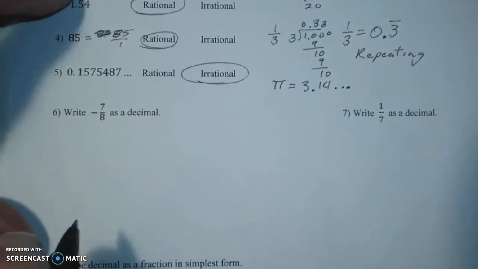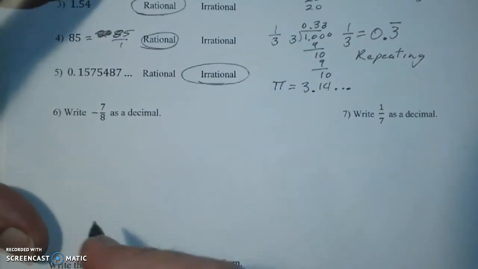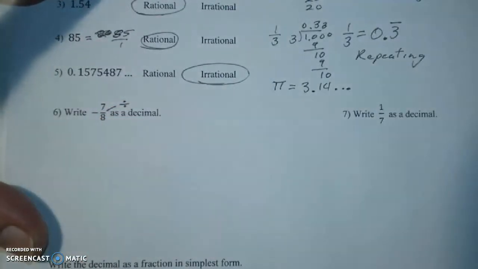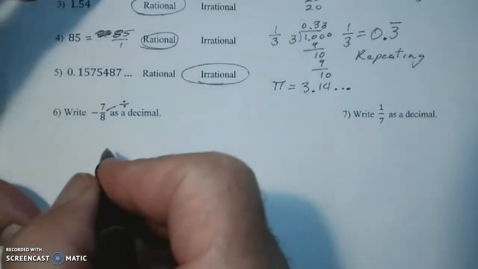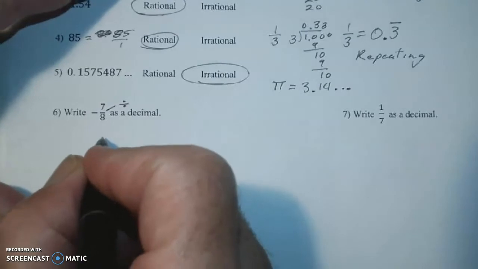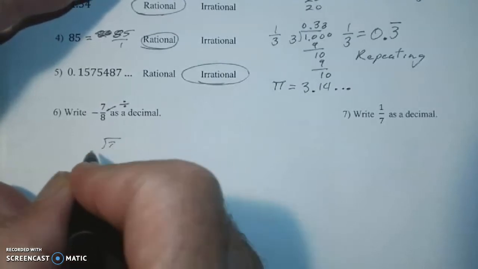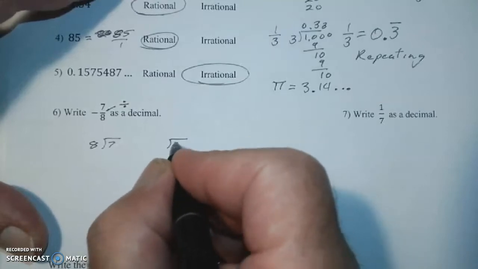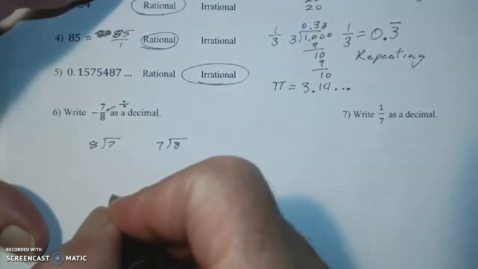Next set of questions. To change a fraction to a decimal, remember the fraction bar is also a divisor bar. The question is then whether you are going to do it with the 7 inside or with the 8 inside.